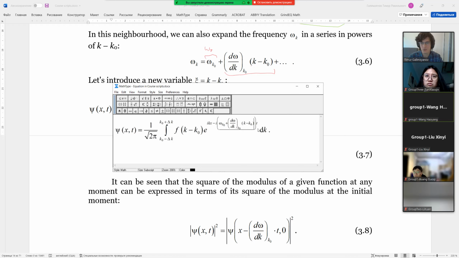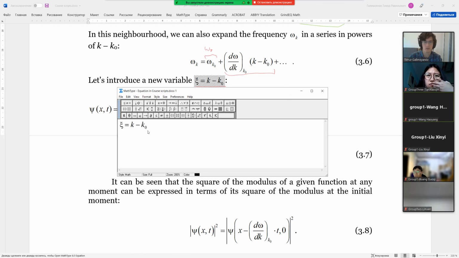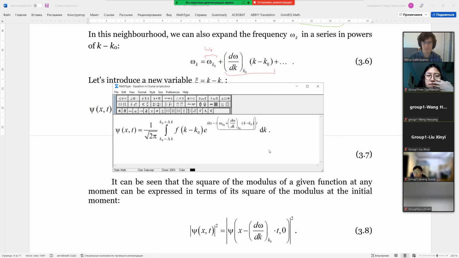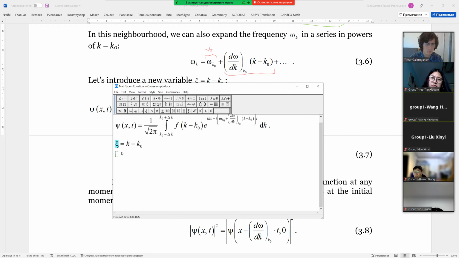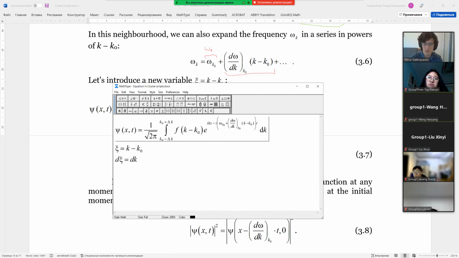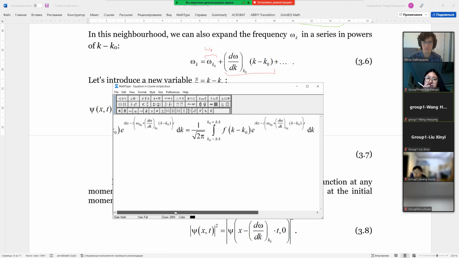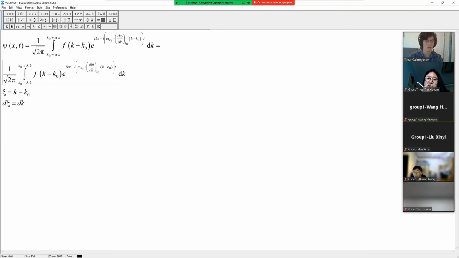So we will substitute omega by its decomposition in the Taylor series, and then we make this change of our variables. We know that d xi equals d k. That means that we can rewrite this integral.